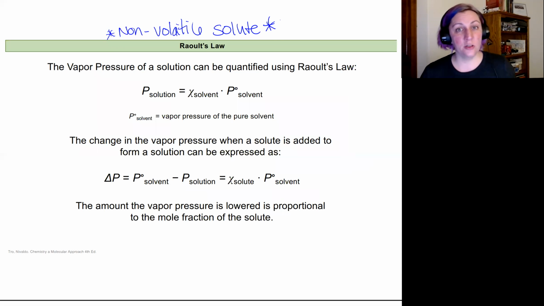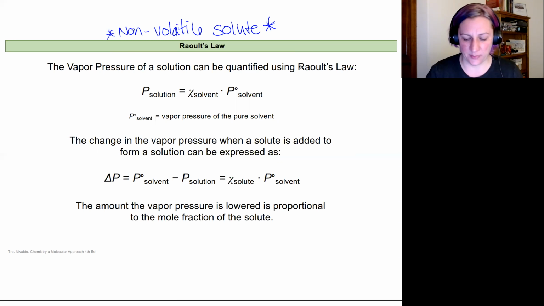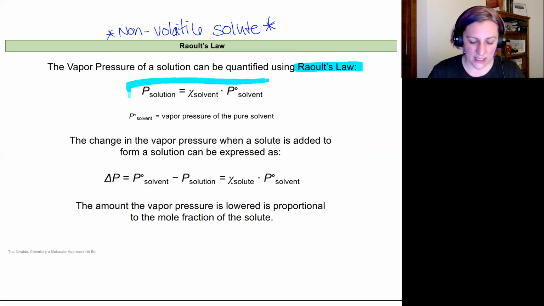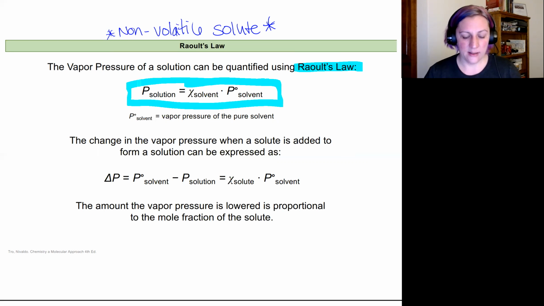So what we're going to do to quantify this effect is we're going to use this simple rule called Raoult's law. Sorry, difficult to pronounce apparently for me today. And so we can predict the vapor pressure of a solution if we know the concentration of solute particles. So this rule is characterized that we can calculate the pressure of a solution if we know the mole fraction of the solvent, and we multiply it by the vapor pressure of the solvent if it was completely in a pure state.